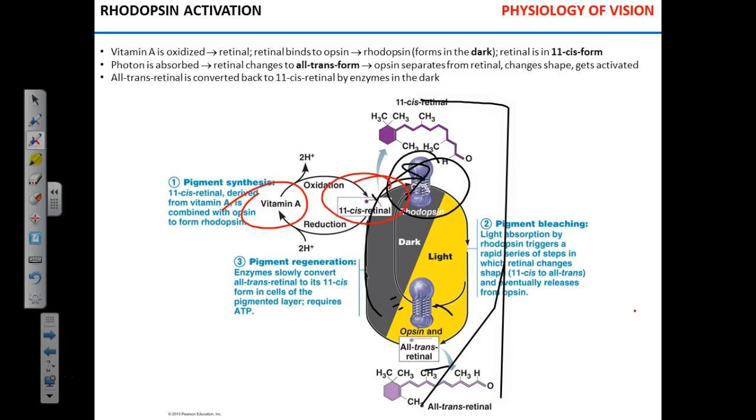Here's the thing you have to appreciate. Remember how we talked about the recycling? Pigment cells can recycle fragments of the photoreceptor cells. Let's be honest, in any process of recycling, it's not 100% efficient. So with the damage that is done to photoreceptor cells, some of that retinal will be lost, chemically destroyed.